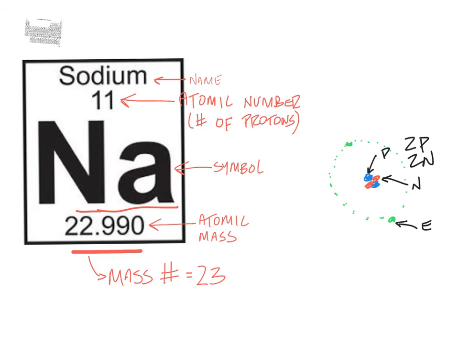And when you look at any one of those elements in the periodic table, just be aware. Can you tell me the name? Can you tell me the symbol? Can you figure out how many protons an element has, and the atomic mass of that particular atom, as well as its mass number?